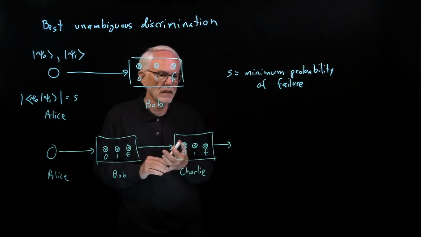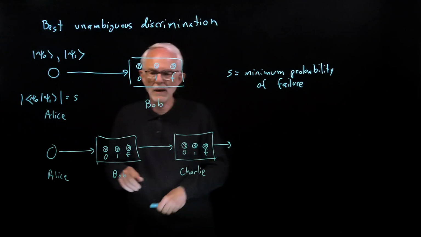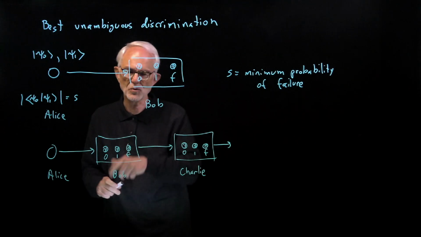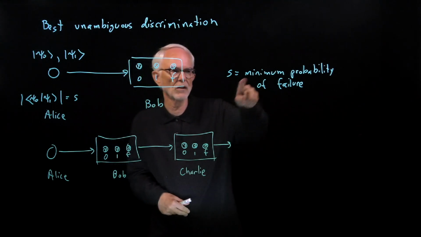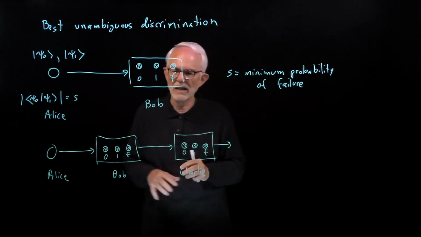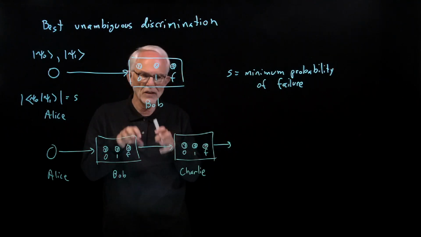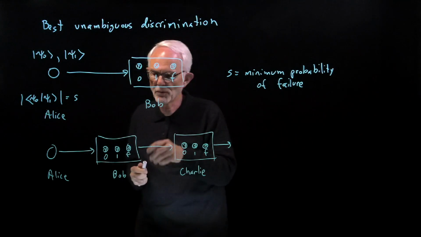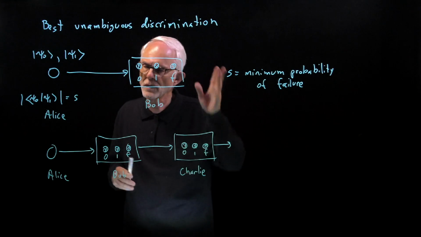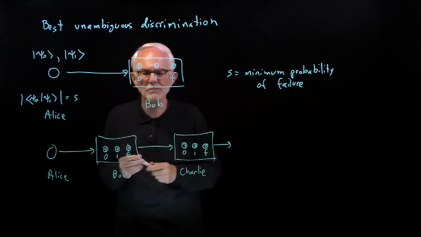Now, the first thing is that when Bob does his unambiguous discrimination measurement, he doesn't want to do the best one, in other words, the one that has S as the minimum probability of failure. He's going to suck all of the information out of the qubit, so that when he sends it to Charlie, the information is gone.